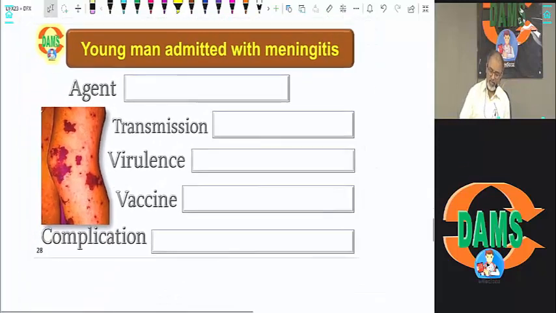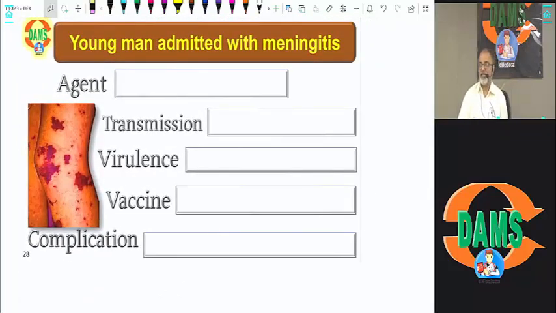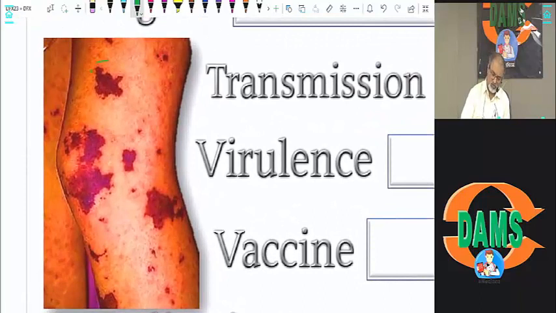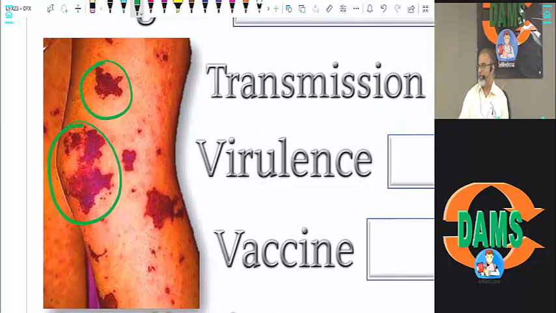Next is a young man admitted with meningitis. Adult meningitis, think of 2 organisms: Neisseria meningitidis or Streptococcus pneumoniae. But what does the picture say?